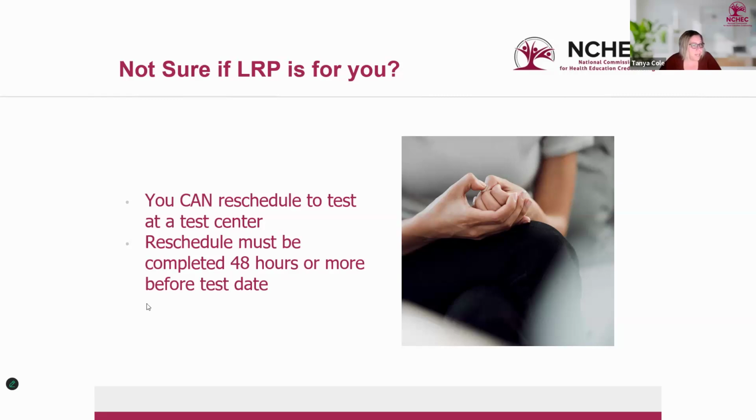And you can reschedule by logging into your NCHEC portal and using that same schedule, reschedule, cancel link that's there, and it will take you right to the PSI website to change anything that you would need to change. If you have any issues or any questions about rescheduling, you can always reach out to me and I can help to do any rescheduling or answer any questions that you would have.